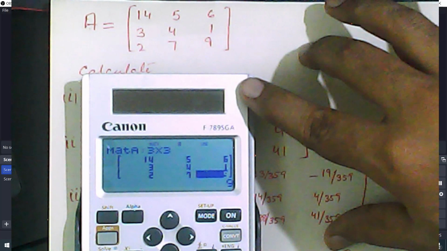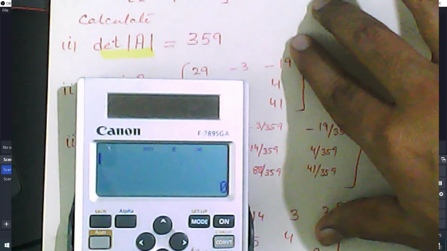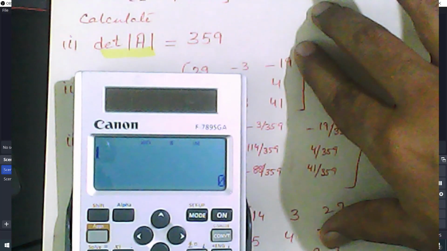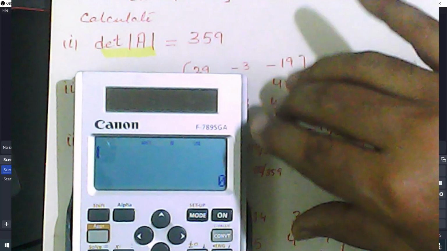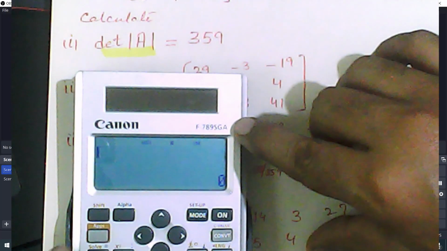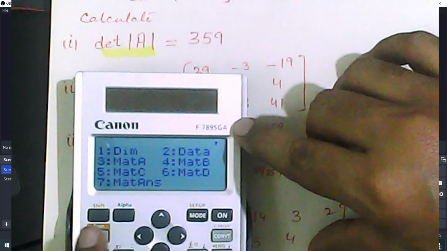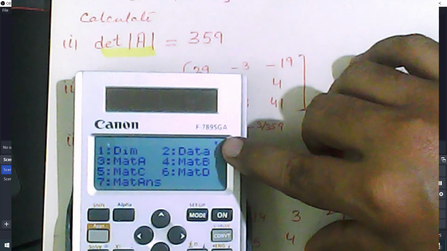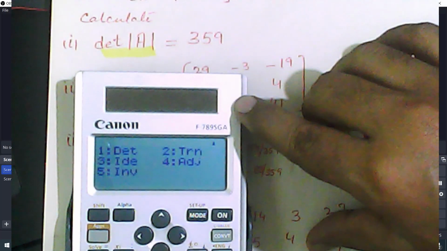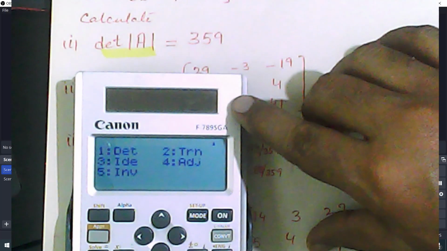Now what we can do is simply clear it off, and now we shall proceed with the operation. The first operation is to calculate the determinant of this matrix. Okay, and we have the answer also to cross verify it. So how we are going to proceed is we go to the application phase, and when the arrow is pointing down, we go down here, and it's telling us calculate the determinant.